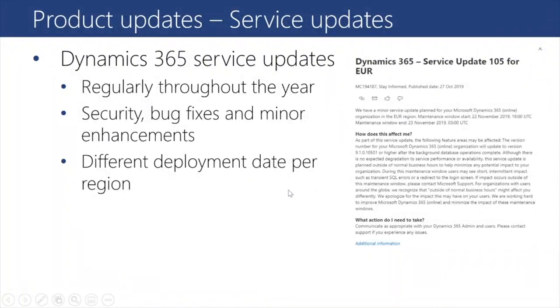There are different deployment dates per region, so please always check your message center for the exact timeline on the deployment. Weekly updates are applied using dark hours for a given region, from 6 p.m. till 3 a.m. in that region. During updates, we don't expect any degradation, but users may experience a brief interruption of the service.